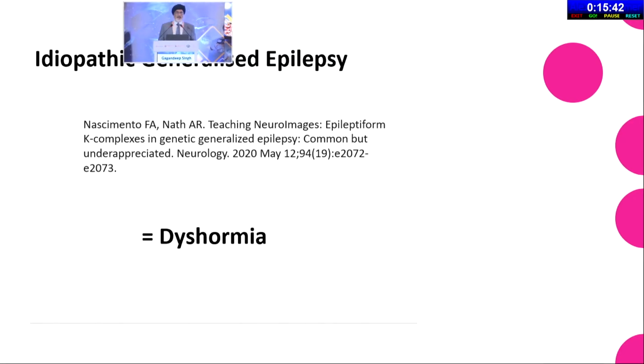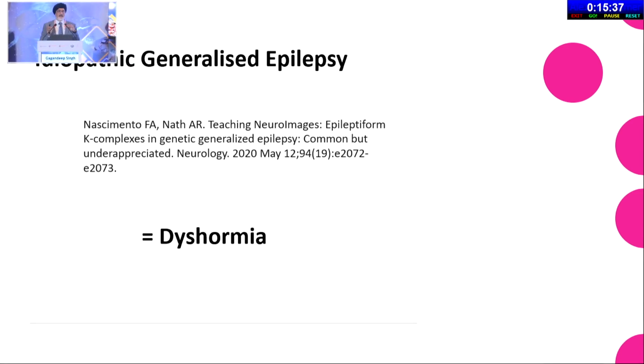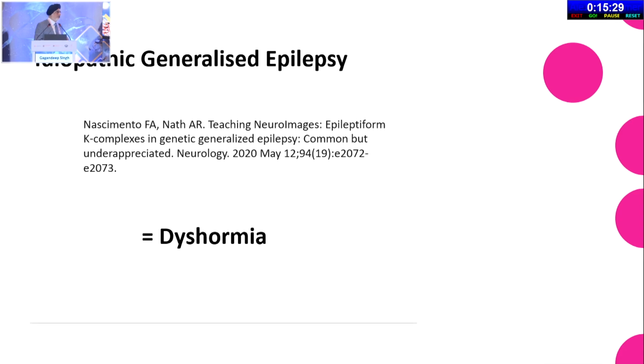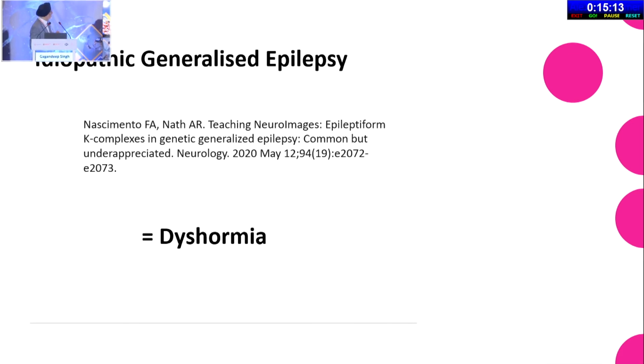Whenever you have K complexes, the teaching is that you should always underreport EEG, and K complexes should be reported as K complexes, as sleep markers, and we should not make the mistake of labeling them as spike and wave discharges. But there is something known as epileptiform K complexes, and this is something that happens only in idiopathic generalized epilepsy.